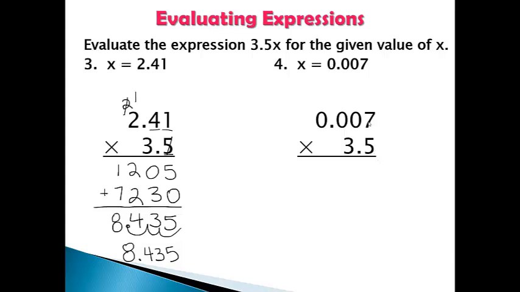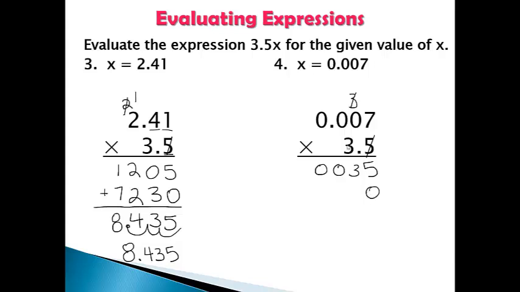So 5 times 7 is 35. We'll carry our 3. 5 times 0 is 0, plus 3 is 3. 5 times 0 is 0, and 5 times 0 is 0. We can cross out this 5 and this 3, since we've already used them, and we'll start our second row with a 0 in the ones place.